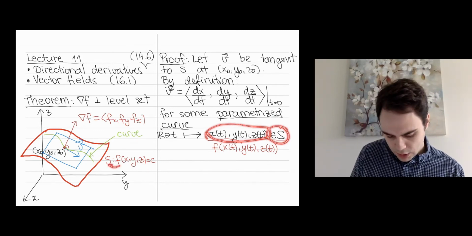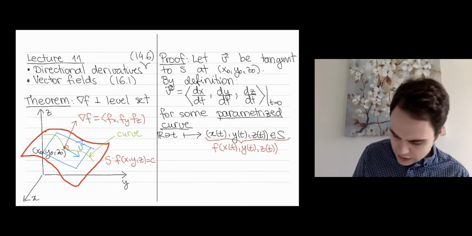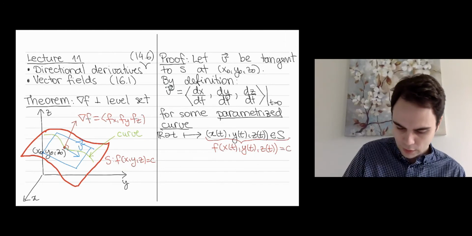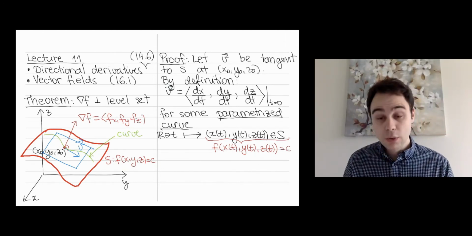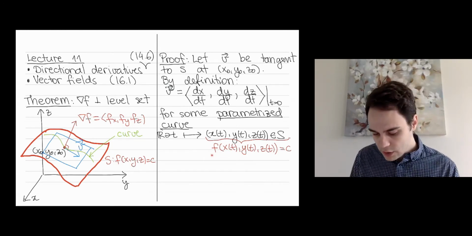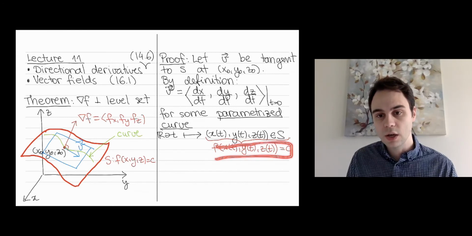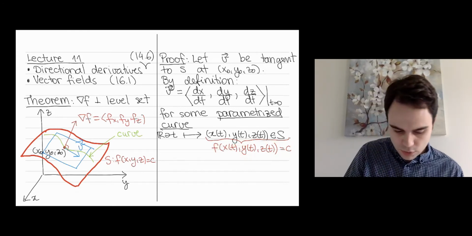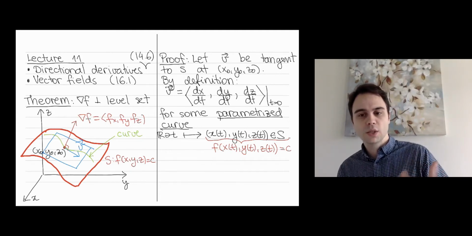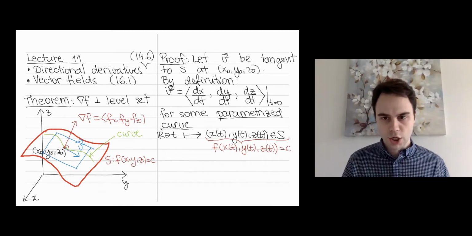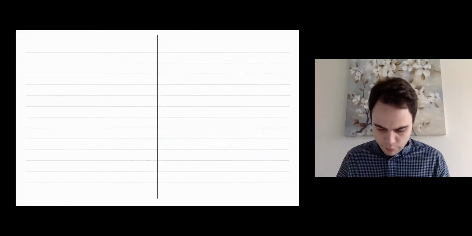Now a point belongs to the surface exactly when f at that point is equal to c. So for all values of t, the function is equal to c on x, y, z of t. As t changes, f of x comma y comma z of t does not change. It's always equal to c. So that's what we're going to use to wrap up our proof.